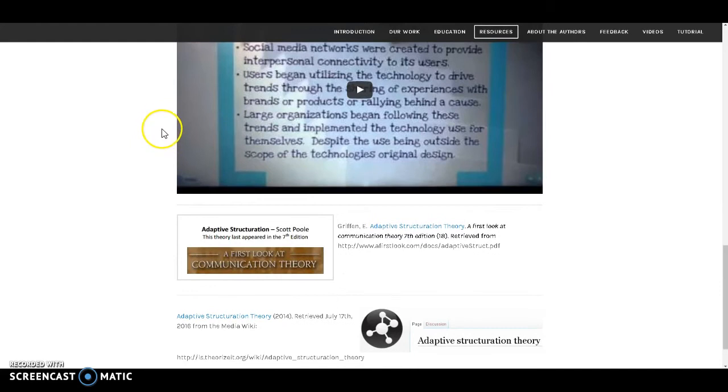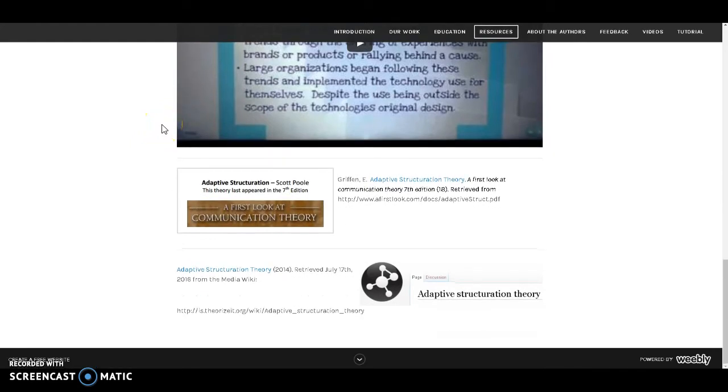After this, you'll be provided with a link to Griffin's book, A First Look at Communication Theory, in which, in the 7th edition, he gave the 18th chapter to Scott Poole's adaptive structuration theory, in which a detailed explanation is given of the basic understandings of this theory, its applications, and its implementations.